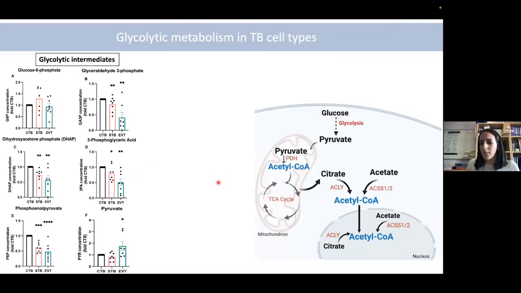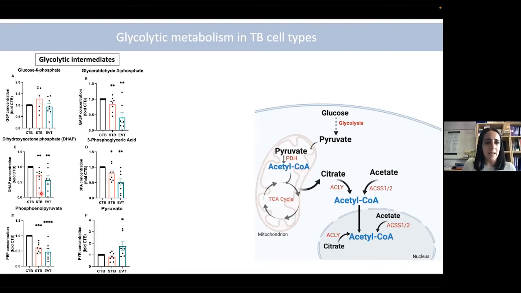So the metabolites in the placenta have been measured as a whole, but there haven't been studies where they measure the metabolites in the cell subtypes as we did here. We measured different glycolytic intermediates, which are metabolites found in glycolysis, a pathway that converts glucose into pyruvate.